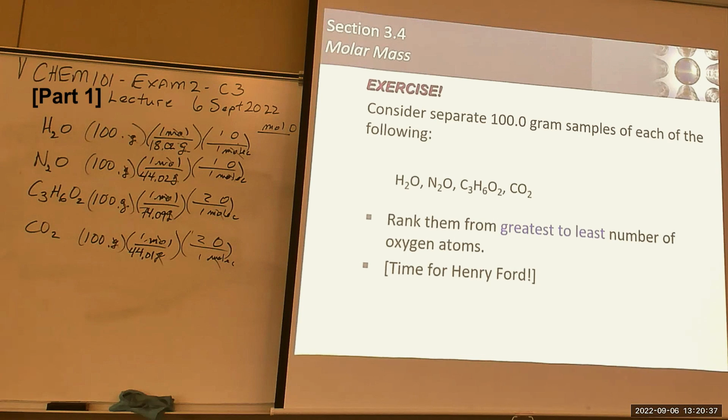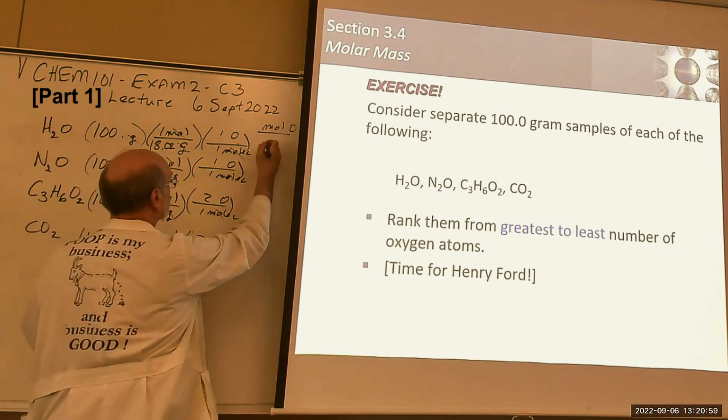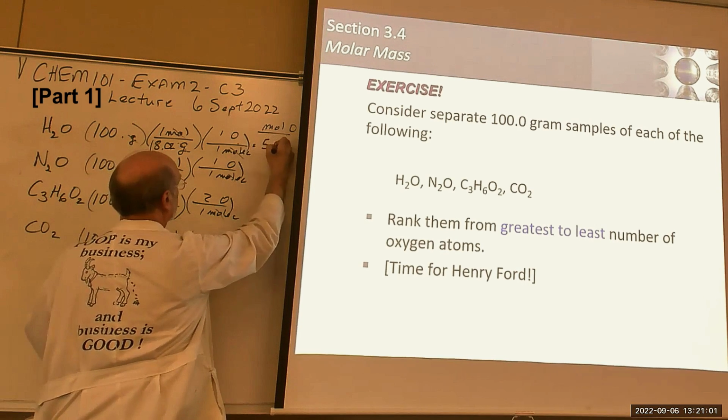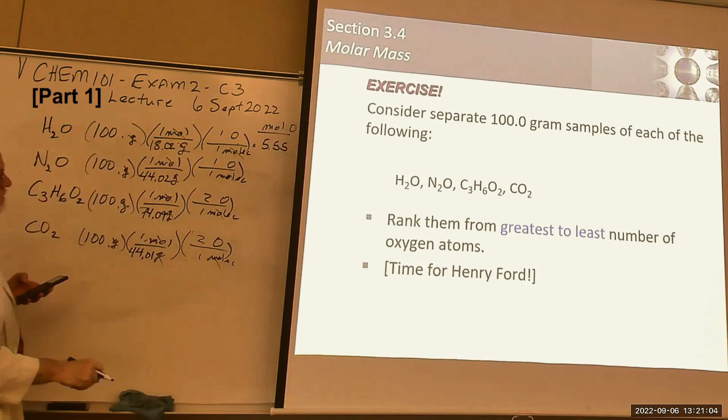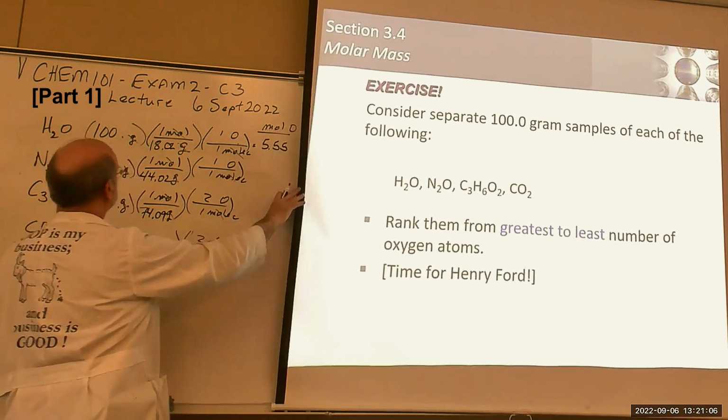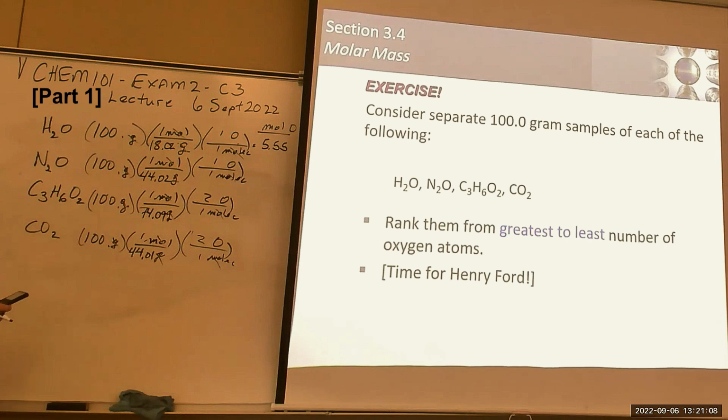I don't do the calculations in the hard copy, so you need to do that. All right, so now you've done all your thinking. The rest is just crunching numbers. So we got 100, and we divide by 18.02 times 1 is 5.55 moles of oxygen. 100 again.